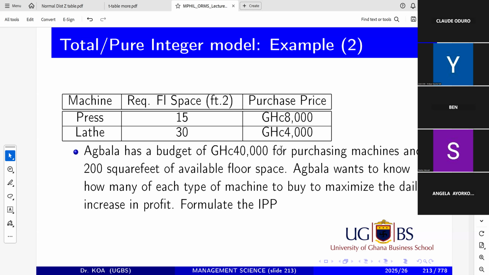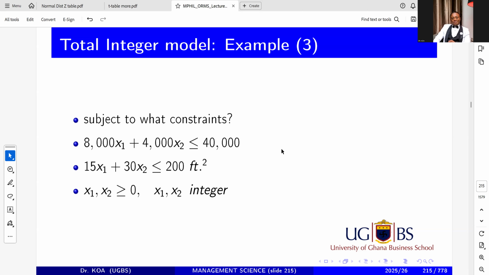Both can be written like this. In this case, x1 and x2 are both integers, so that's how you write it. And if x1 was not an integer and x2 is, the way you write it is different. This is what is known as pure integer, because both decision variables are integers.